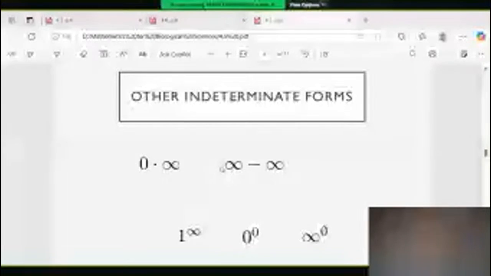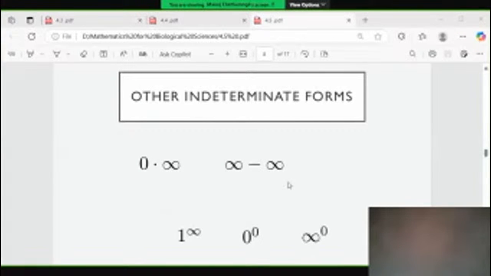It's like infinity plus some n equals infinity. So for the difference between two infinities, you can assign any finite number. Same thing is true for these other forms.